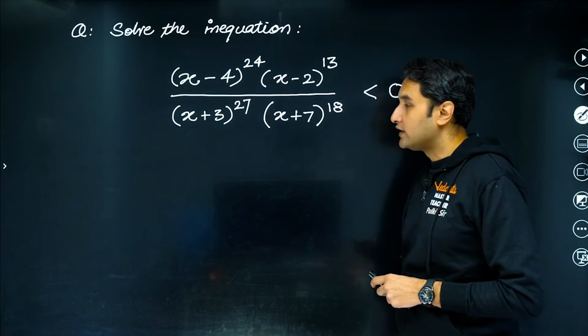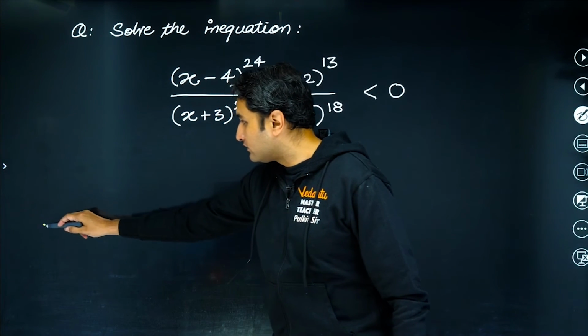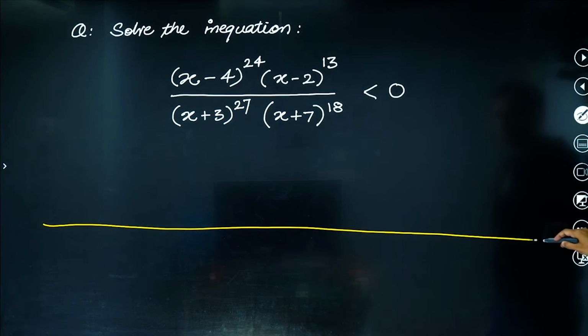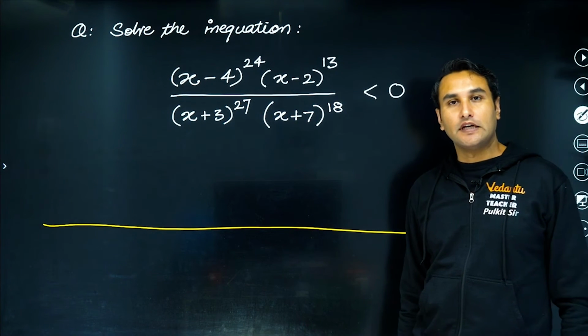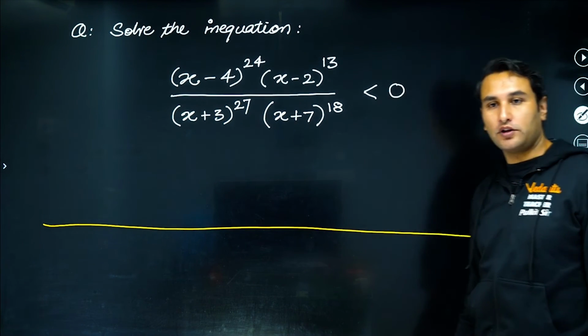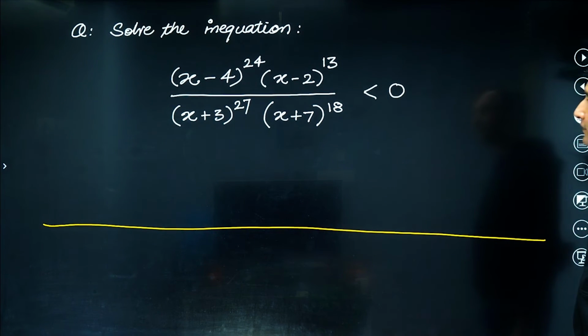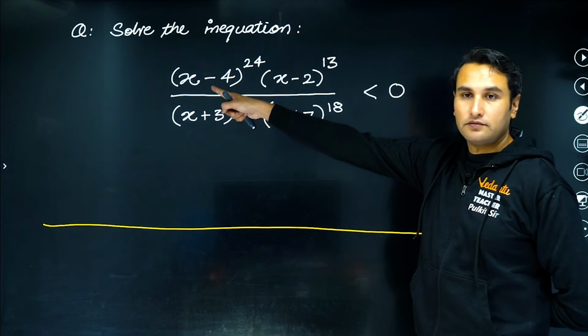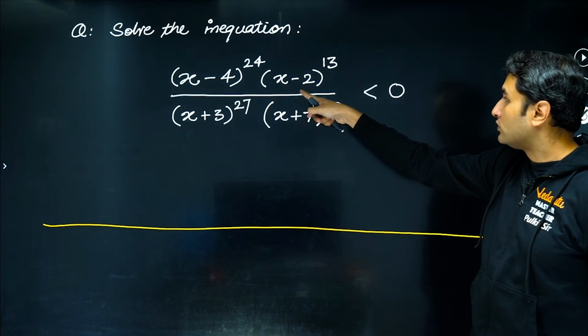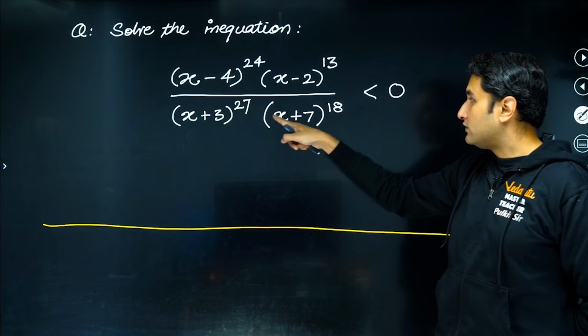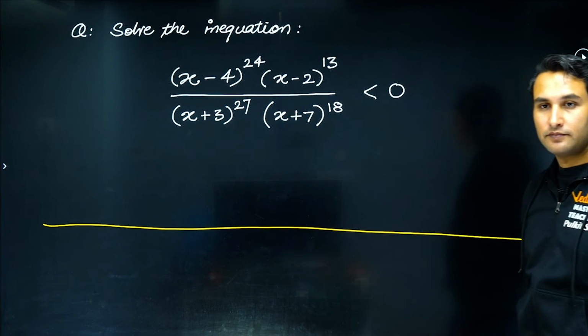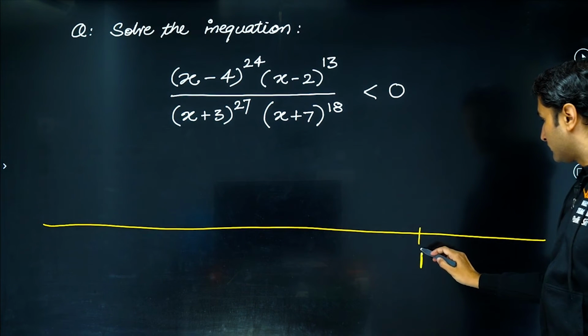Correct? Step 1, number line. Step 2, roots. Put all the roots: 4, 2, -3, -7.